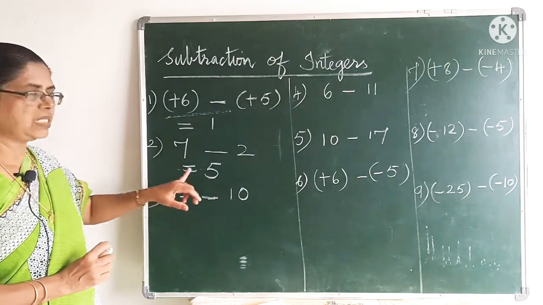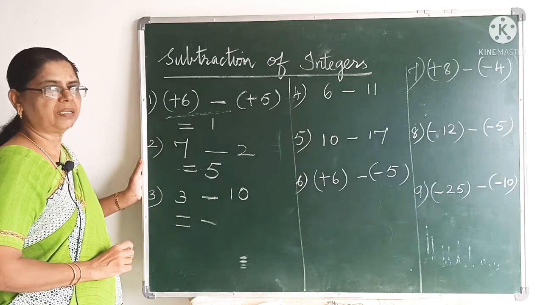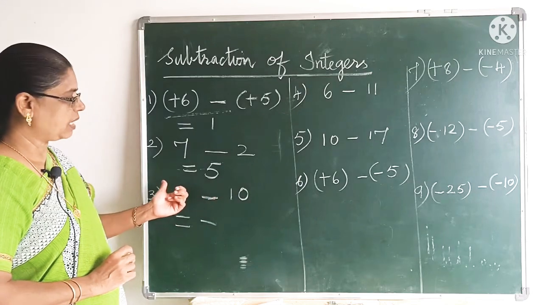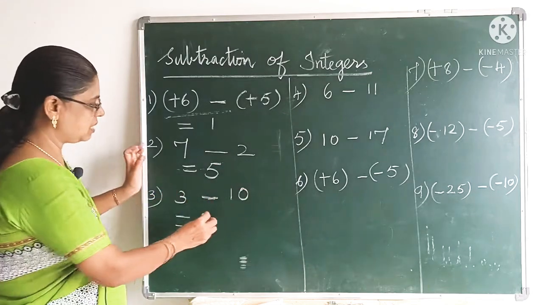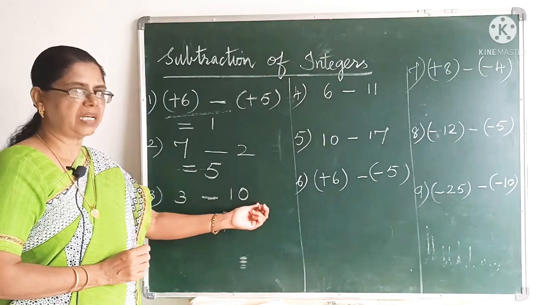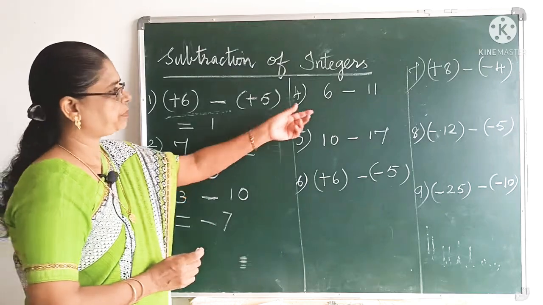When the first integer is smaller than the second integer, you put minus sign, and then from the bigger number, subtract the smaller number. 10 minus 3 is equal to 7. So what is 3 minus 10? 3 minus 10 is equal to minus 7.